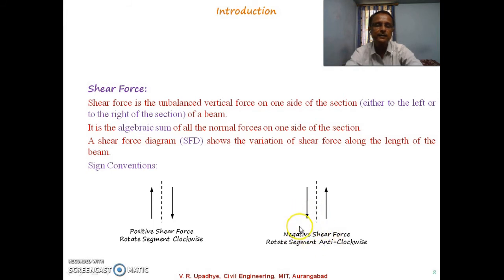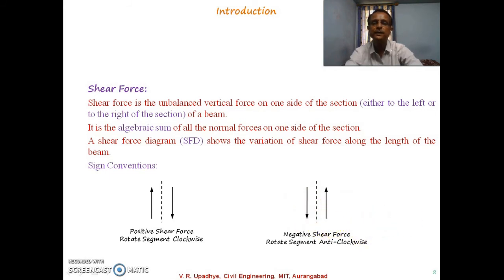These kind of shear forces are trying to rotate that segment in an anti-clockwise sense. So this sign convention is for positive shear force, and this sign convention is for negative shear force.